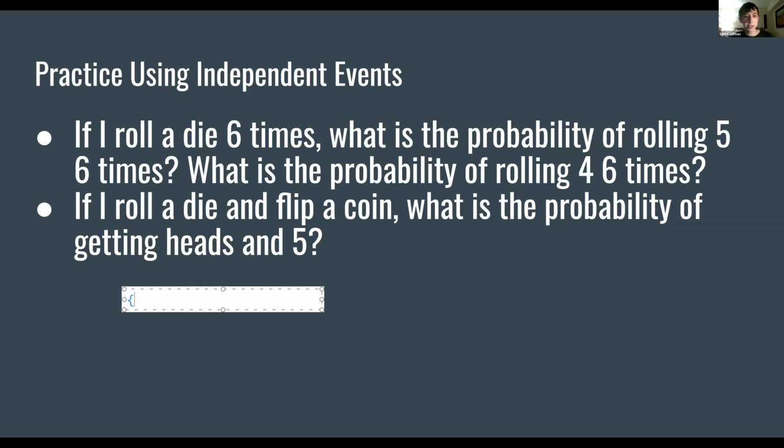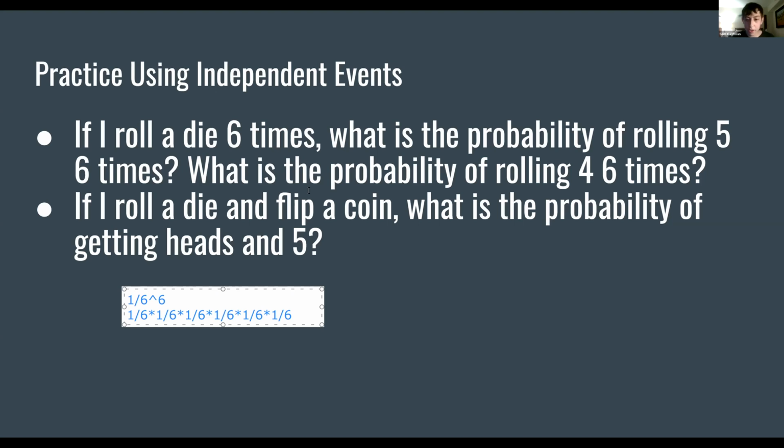Yeah, so this is actually going to be 1/6 to the power of 6. And if you haven't heard of exponents before, that's just saying 1/6 times itself 6 times. Yeah, so these are independent events.